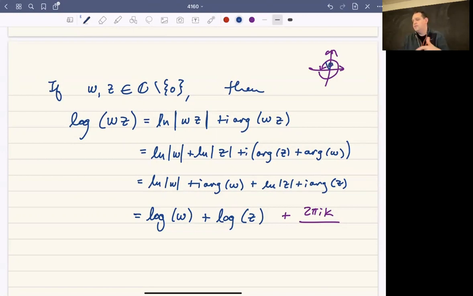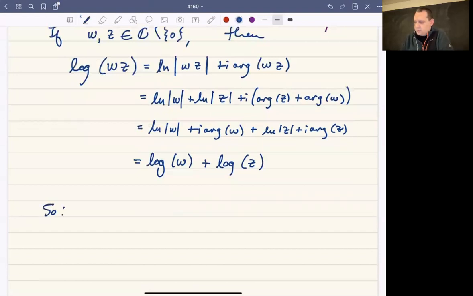Well, if I were to multiply those two values that both have the argument 3 pi over 4, those are both values that are in our branch, because our branch goes from negative pi to pi. 3/4 of pi is less than pi. But if we were to multiply them, then we get a value that's outside that branch. We get a value that would be 3/2 pi, which is a little bit bigger. And so you would have an extra term here corresponding to the fact that we left the range of values for the argument that we're allowed to use.